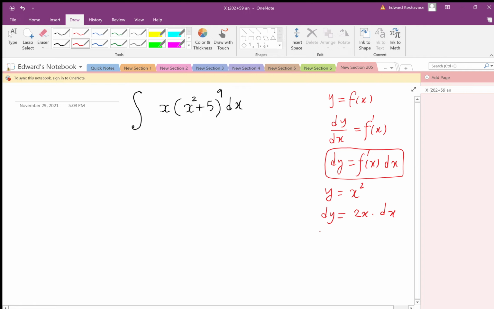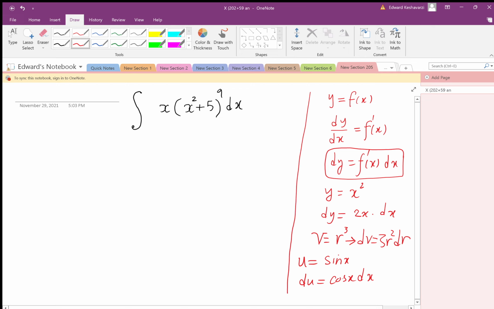If, for example, v equals r cubed, dv equals the derivative, which is 3r squared dr. If u equals sine x, du equals the derivative, which is cos x dx.